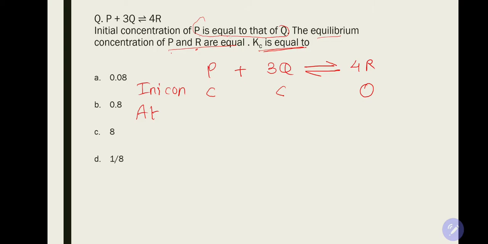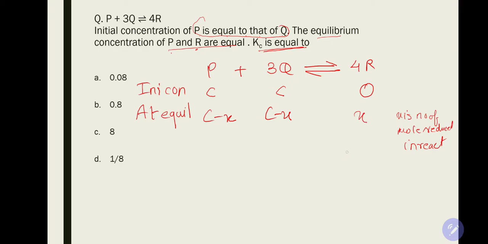Because it is said that P is equal to that of Q. So at equilibrium, what will be the concentration? Let us assume that X is the number of moles reduced in the reactant. Can I write it as C minus X? Here it will be again C minus X.